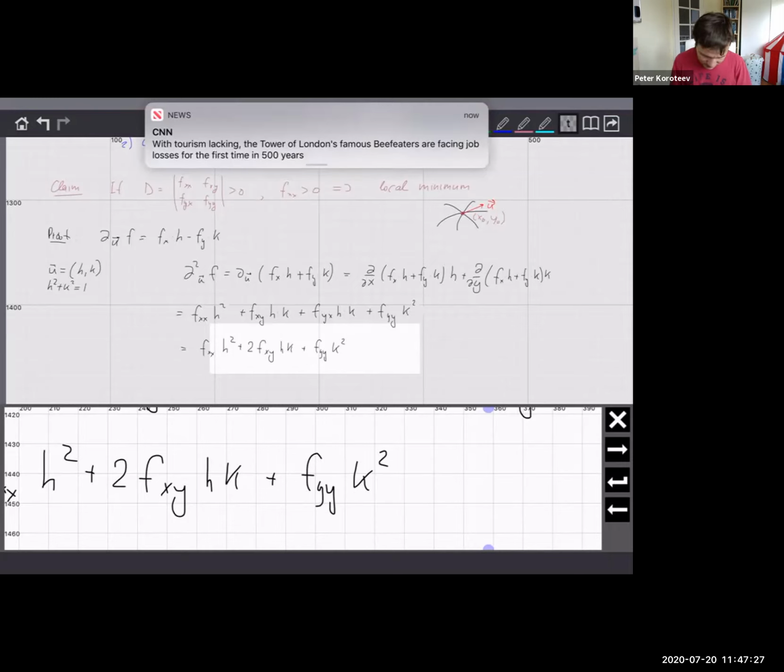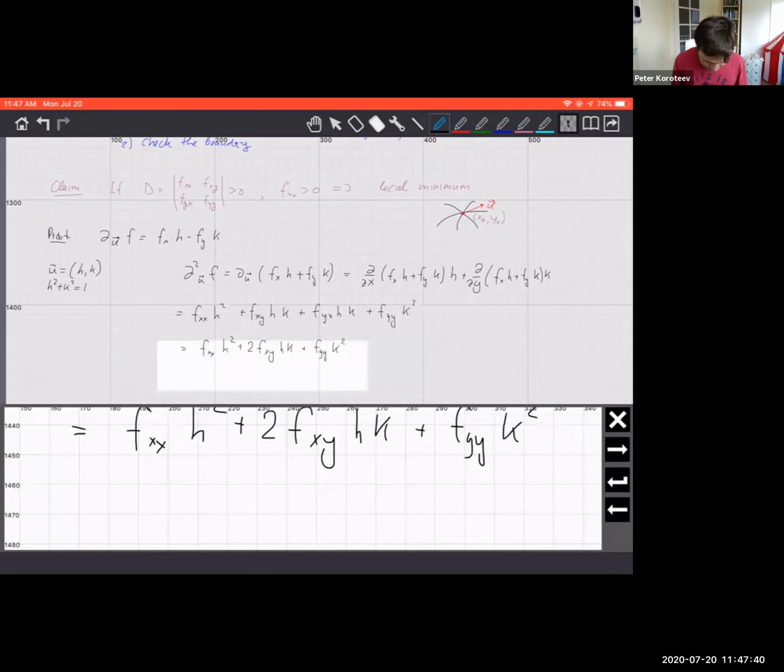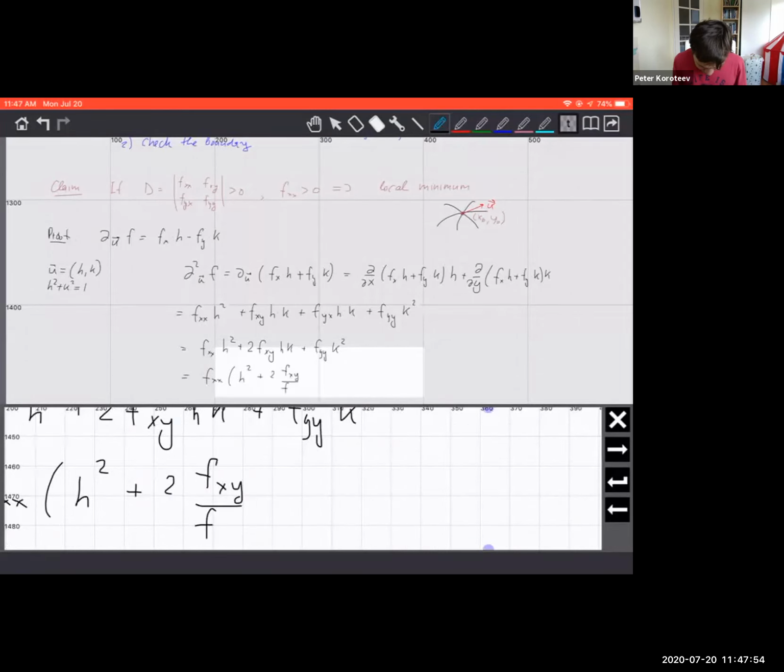Right, and now let's complete the square. In order to get the sign definiteness, we need to complete the square, and in terms of linear algebra, that will correspond to a certain diagonalization of this quadratic form. Right. So let's take out fxx, and then have h squared plus 2 fxy divided by fxx times hk.